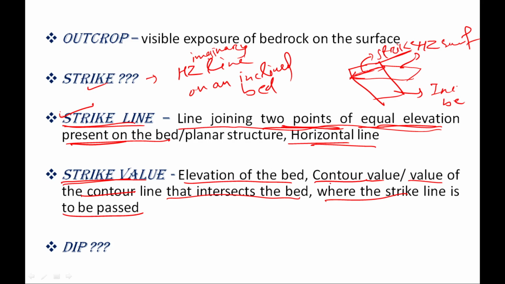I hope this definition will be a little bit difficult to understand for you all, but it is not so difficult. Let me explain with an example. Suppose the bed and these are the contour lines. I have forgotten to say contour lines are generally represented in dotted lines in a map, but not necessarily.